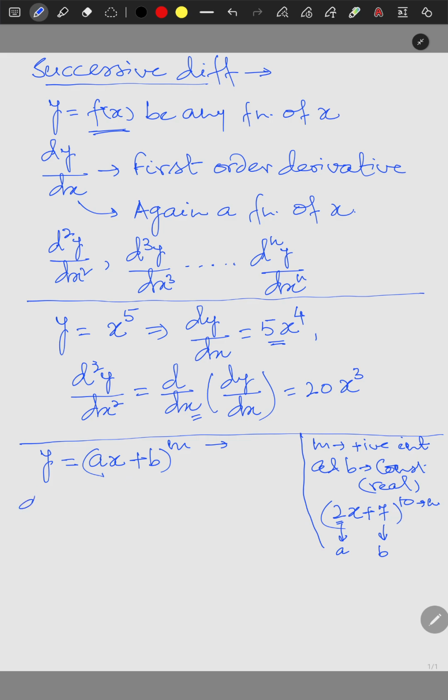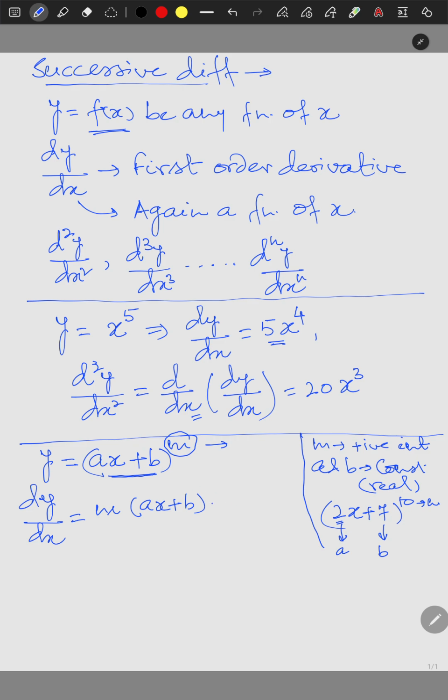So we begin with the first order derivative of this function, dy/dx, and this is coming out m times, we first perform the derivative due to this power, so m times (ax + b) to the power m minus 1. Then we find the derivative of ax + b with respect to x.